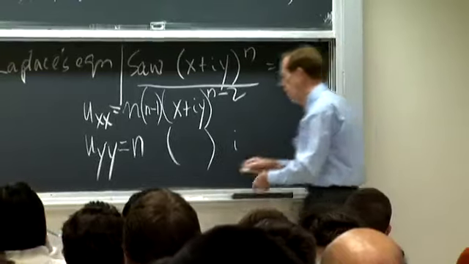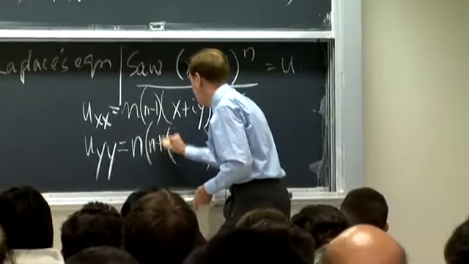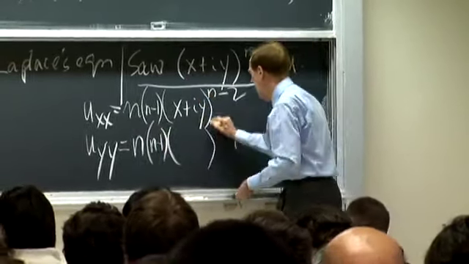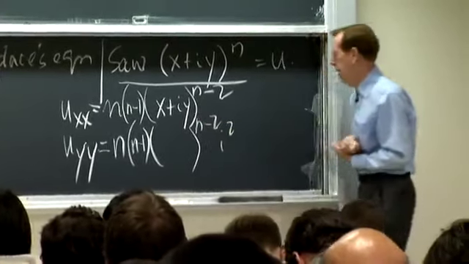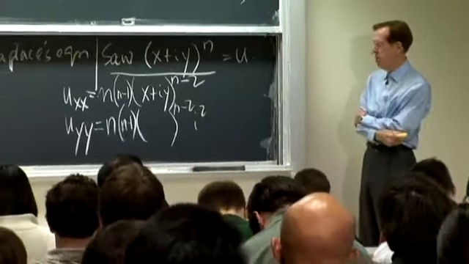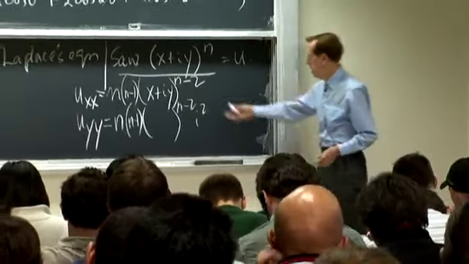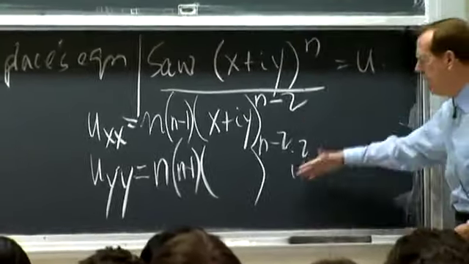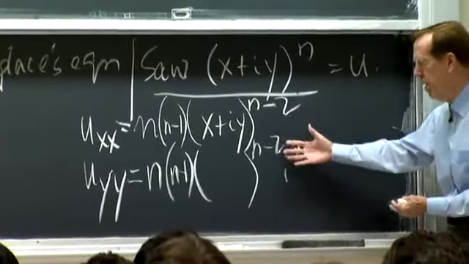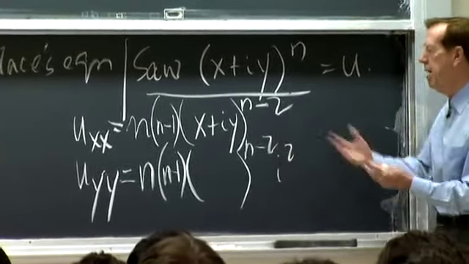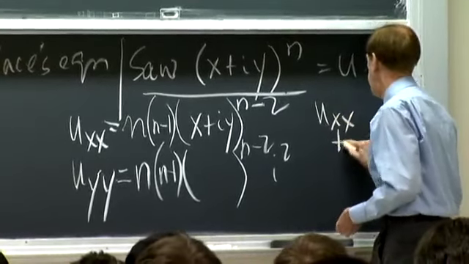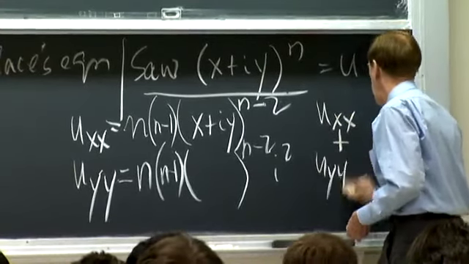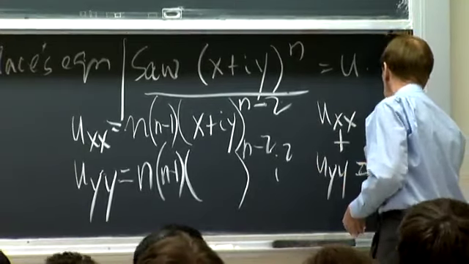And then the second derivative will bring down an n minus 1. This guy will be down to n minus 2. Another i will come out. And just what you want, right? Because i squared is minus 1. Those cancel when those are equal, opposite sign. And we get uxx plus uyy equaling 0.